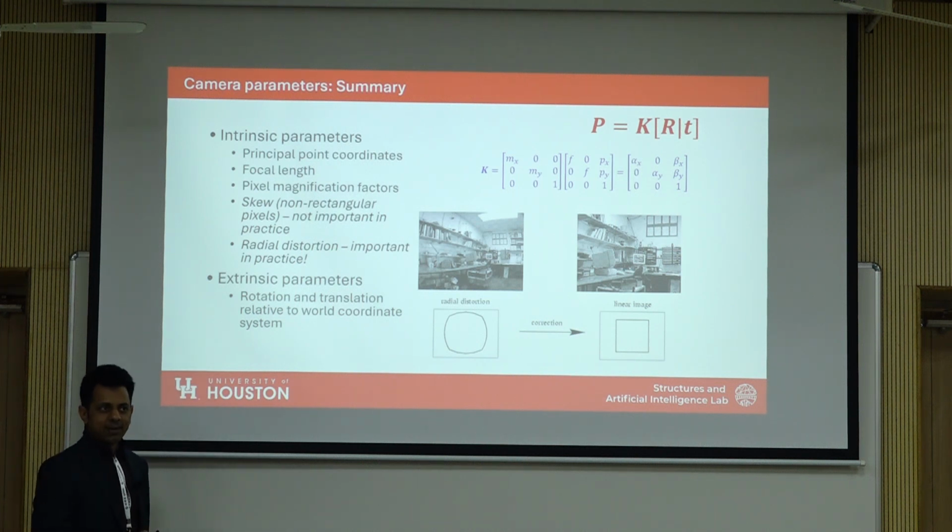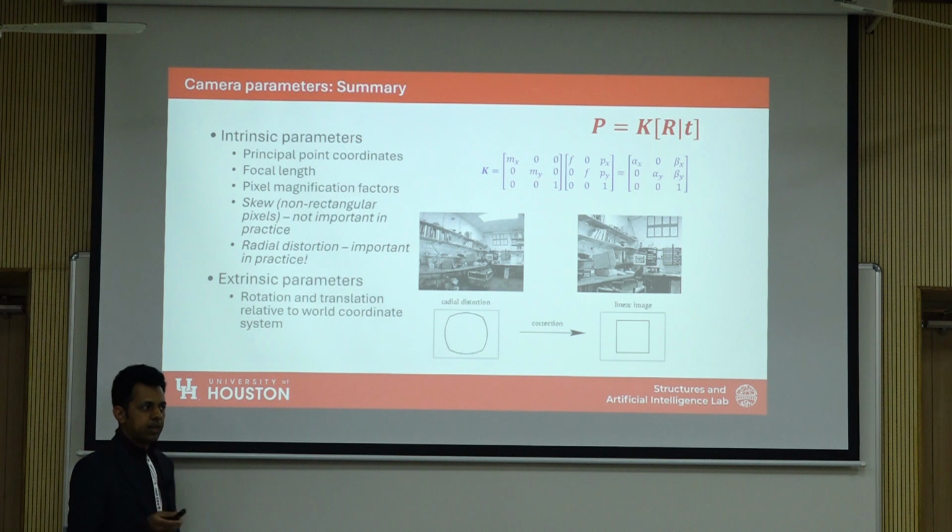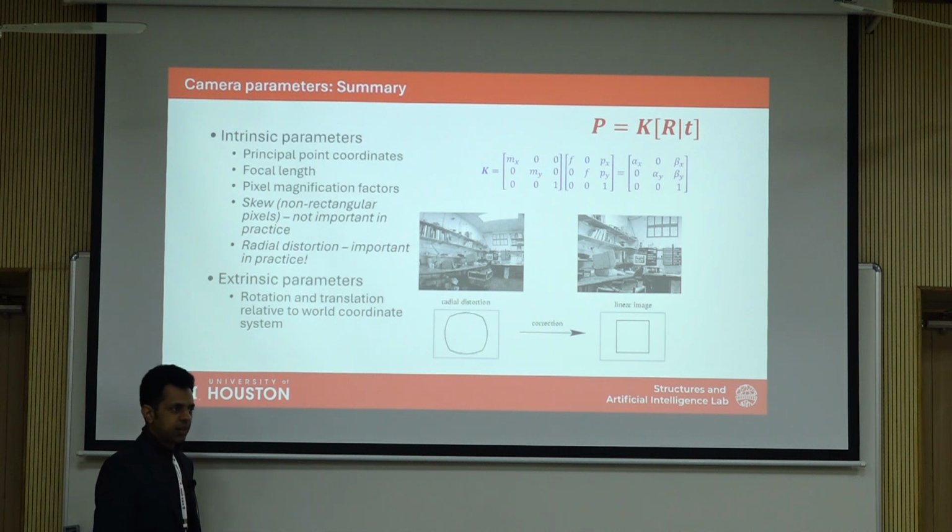What does the extrinsic camera matrix do? Real world to? No. Camera coordinates, right? The extrinsic matrix does what? World coordinates to camera coordinates. And then the intrinsic matrix does what? Camera coordinates to image. Okay? Makes sense? All right.